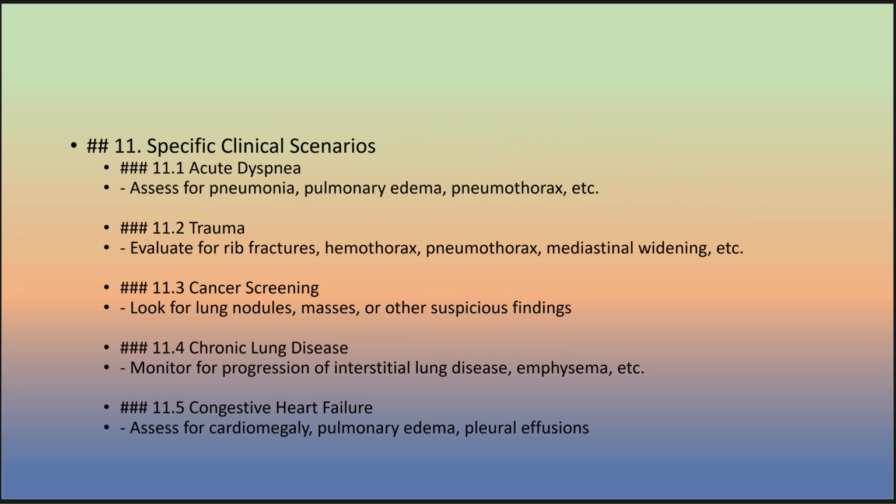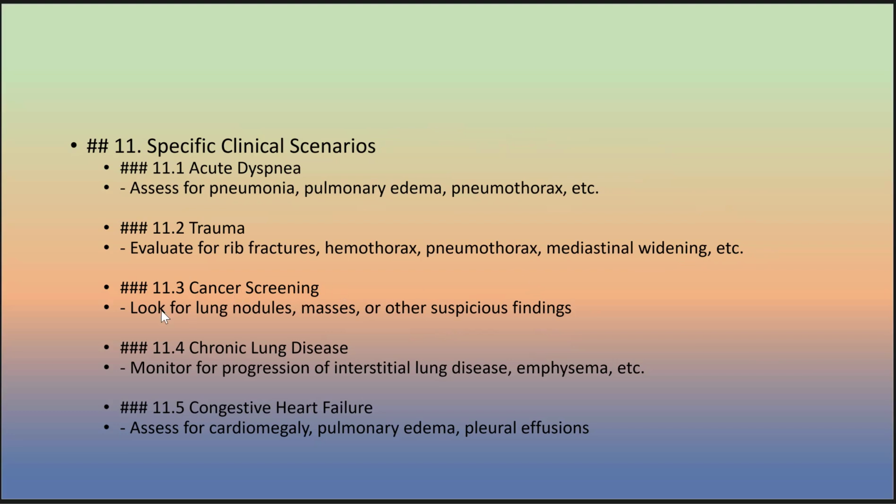Patient with acute dyspnea, we should assess for pneumonia, pulmonary edema, pneumothorax, etc. If the patient has trauma, evaluate for rib fracture, hemothorax, and pneumothorax, and mediastinal widening for vascular injuries.